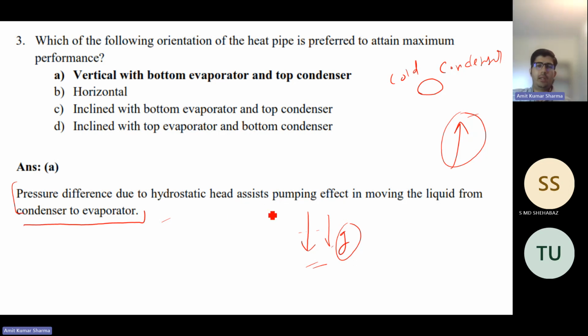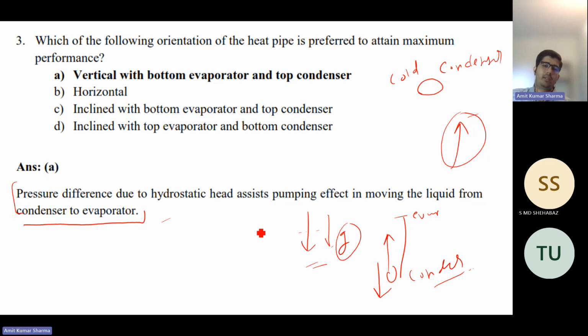Suppose we put it in an inverted position, with the condenser at the bottom and the evaporator at the top. Now what will happen? The liquid has to go upward. Now gravity will work on the liquid droplets against the motion.